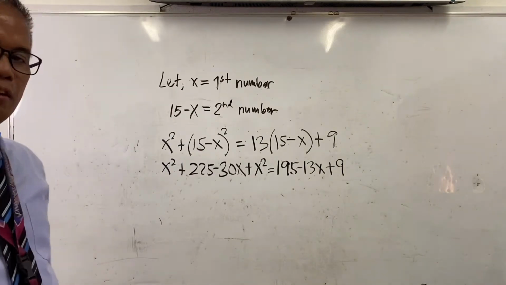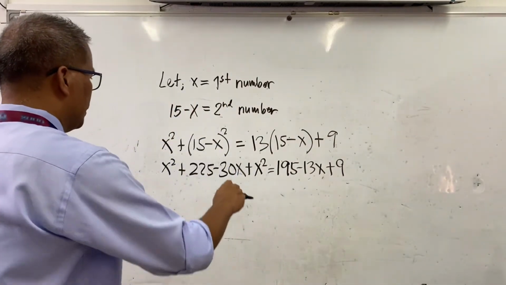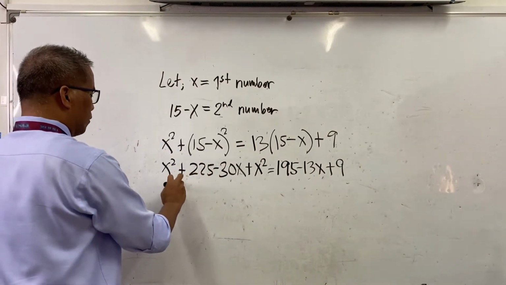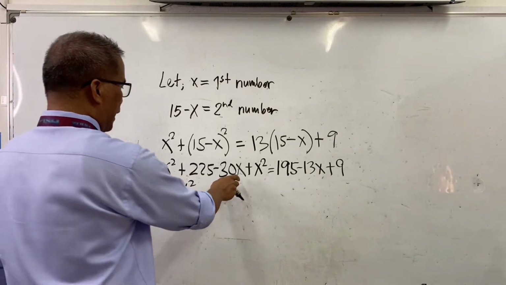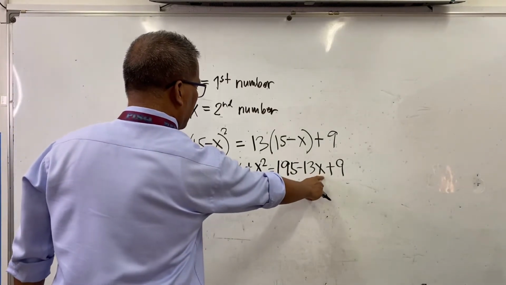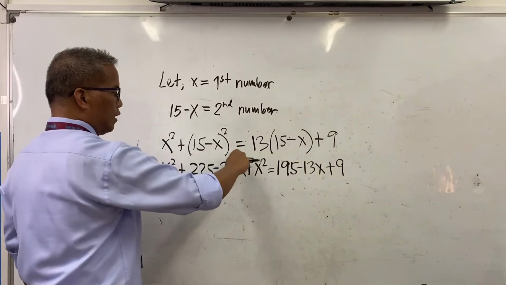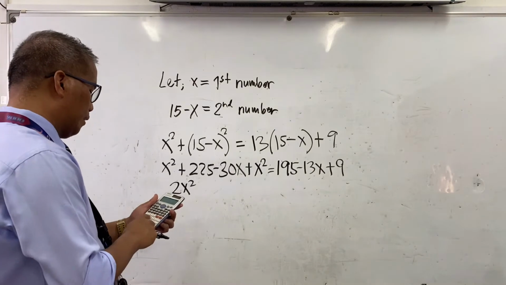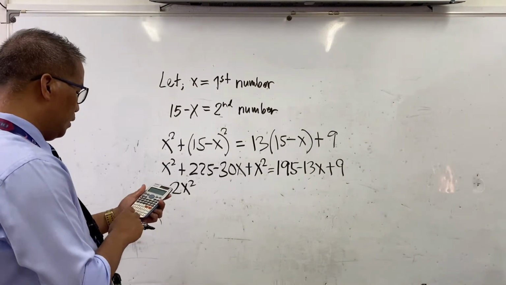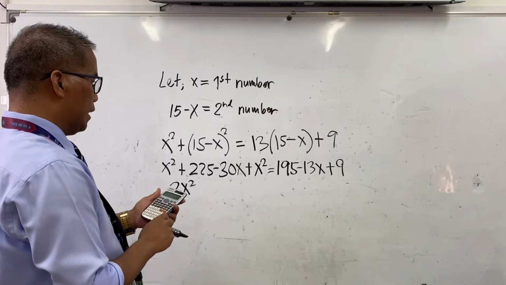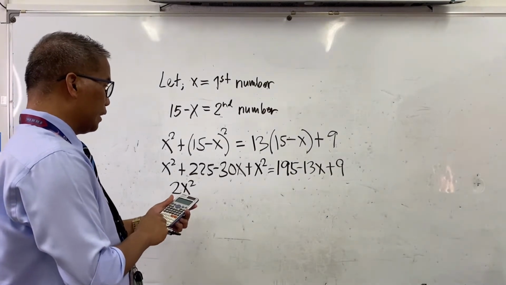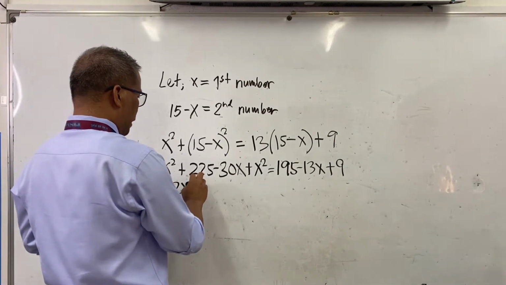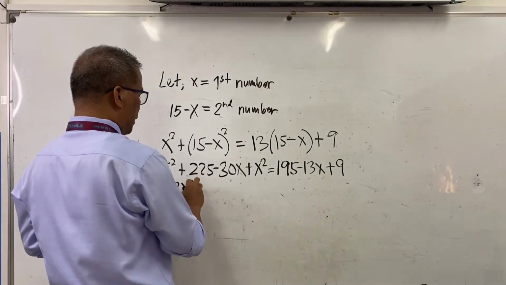Alright. Then combine similar terms. We have x squared and x squared, which will become 2x squared. We have negative 30x, then minus 13x. So we will transpose negative 13x, so it will become positive 13x. Negative 30x plus 13x is equal to negative 17x.